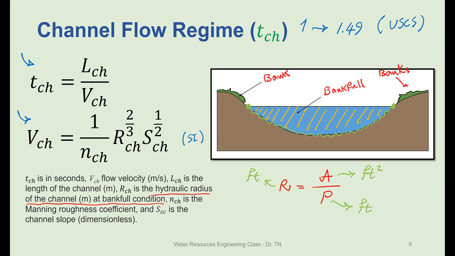Let's say maybe your channel can be assumed to be half of a circle, or maybe a trapezoidal open channel, and so on and so forth. So depending on the condition of your study area, sometimes it is acceptable to simplify and consider an irregular channel a regular or prismatic channel.